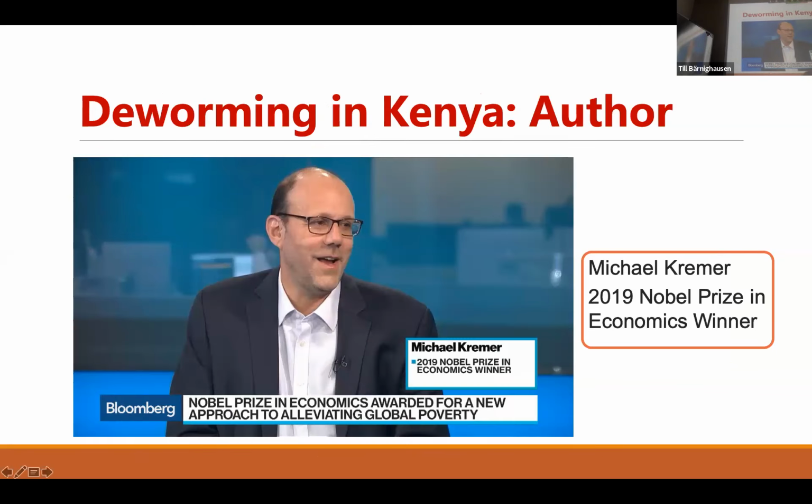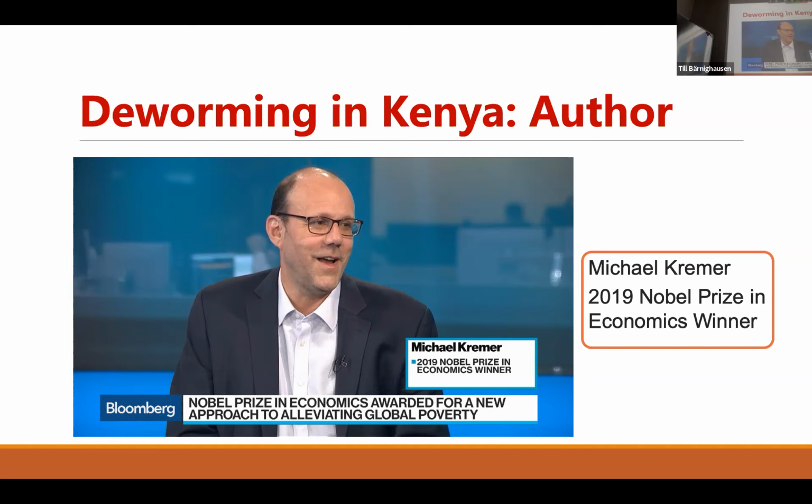So this example shows how health interventions pose a significant benefit on society and economic outcomes, and help eliminate poverty. And this guy is the author of these two articles on deworming in Kenya, and his name is Michael Kremer.